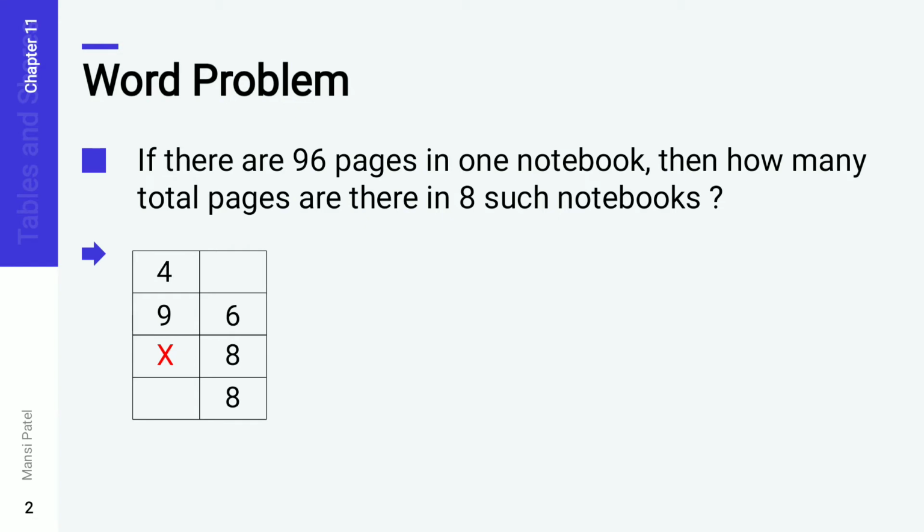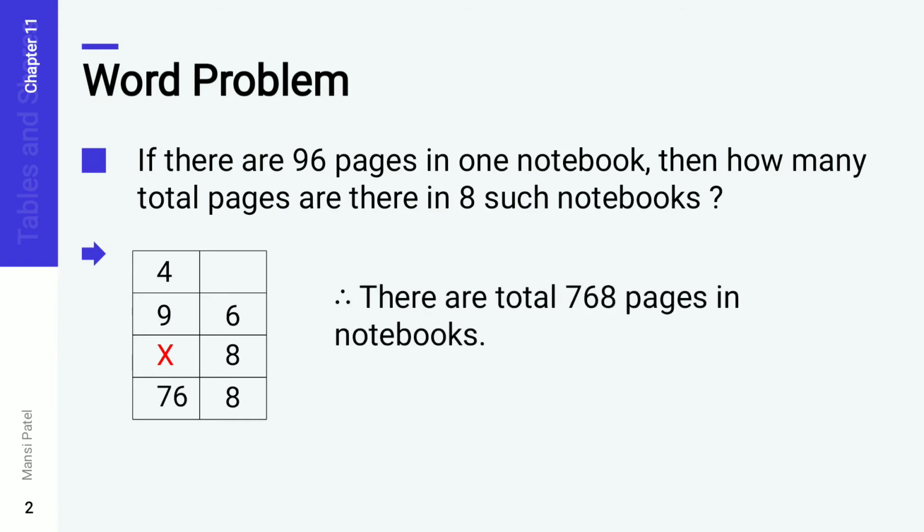Now after that ones place multiplied by tens place. So 8 nines are 72, and 72 plus 4 is 76. So we can say that therefore there are total 768 pages in 8 notebooks.